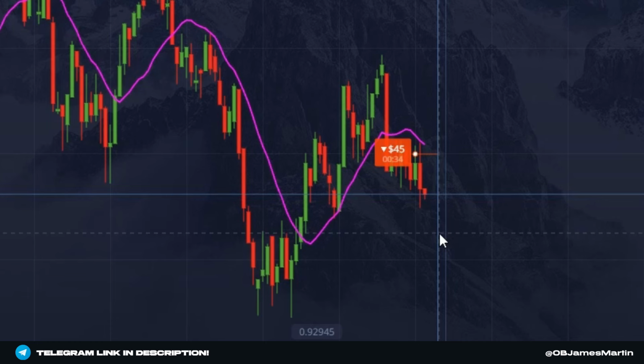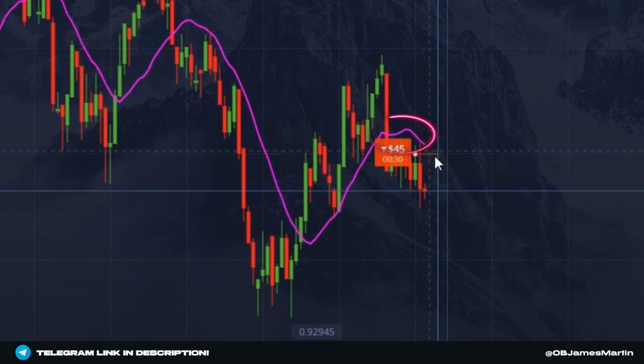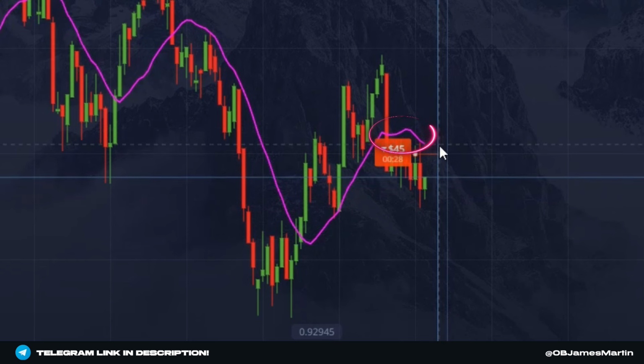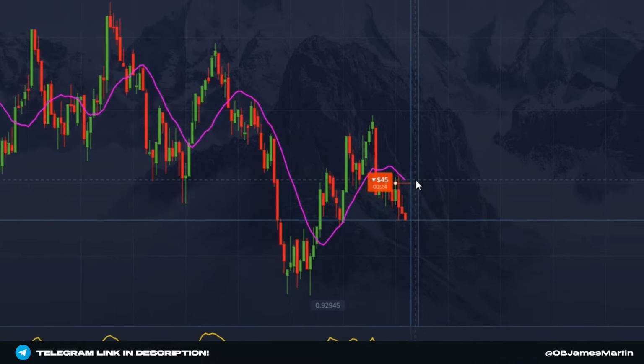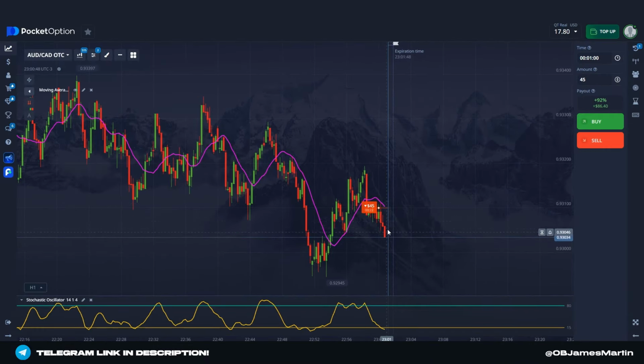I want to say again about the pink line of the moving average. The yellow line of the stochastic oscillator is just crossing above the green one and going to the yellow. In this case, the candle has been moving in the downward direction relative to the moving average. And that's the second good signal I'm showing you about the MA.